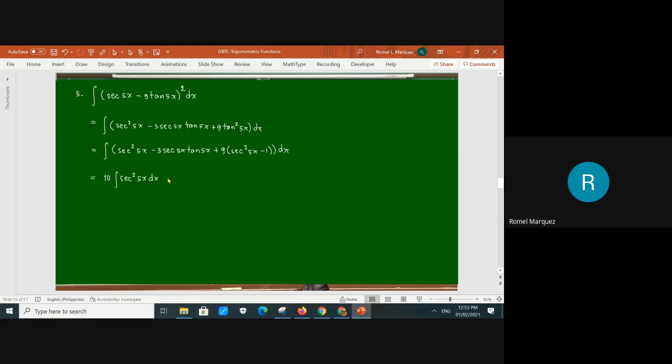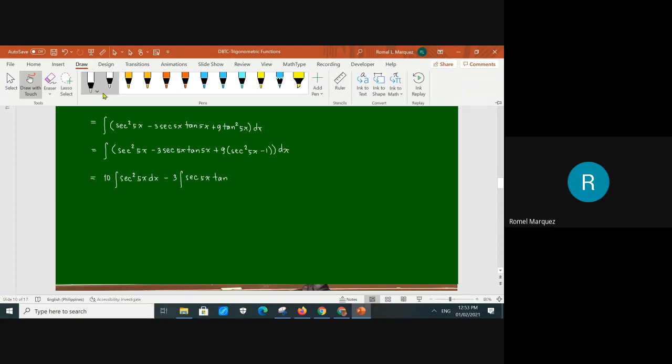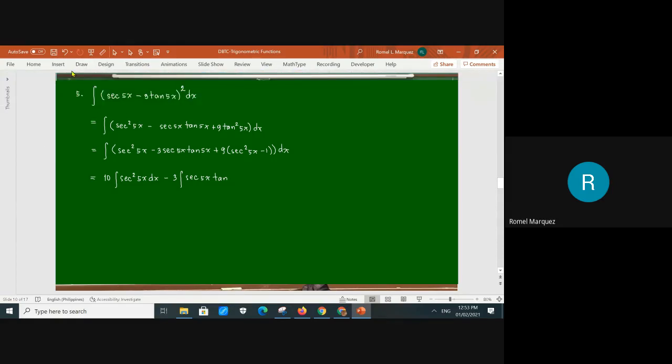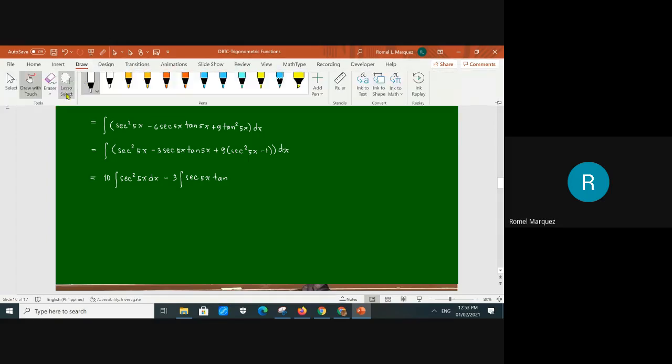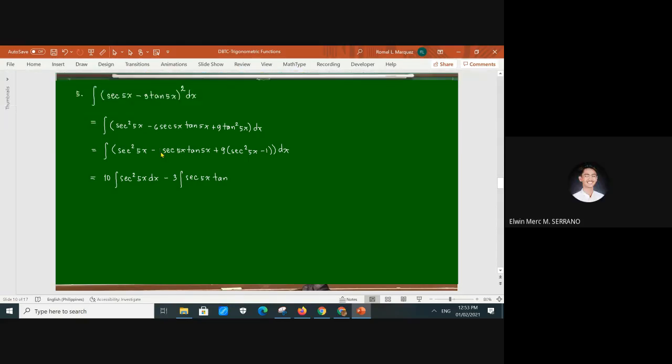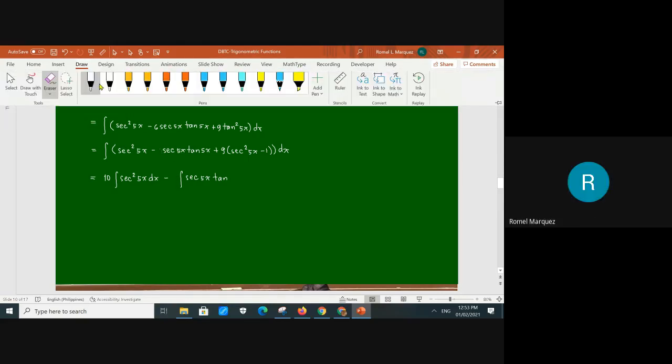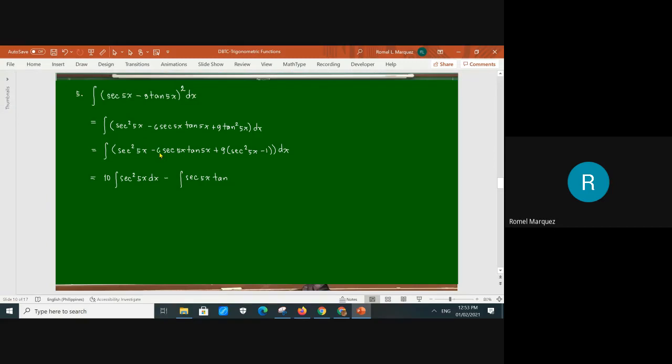Then multiplied by dx minus 3 integral of secant of 5x tangent of 5x. I think I got a mistake in the expansion. No one has noticed. This is supposed to be 6, no? Times 2 yan eh. Am I right, guys? Yes. Dapat ay buti napansin ko.